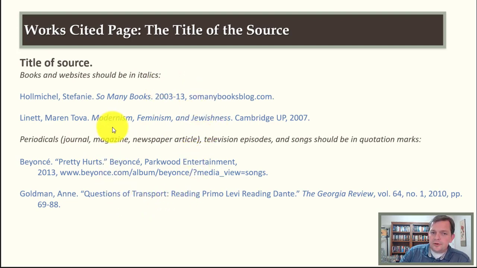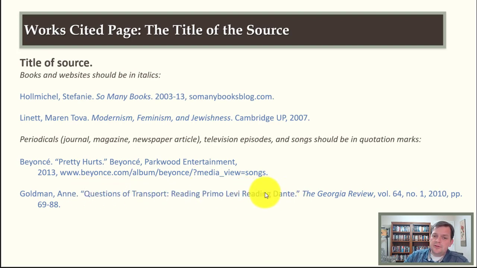And you have journals, magazines, newspapers, television episodes, and songs. These are placed in quotation marks. Well, the title of the smaller work is placed in quotation marks, whereas the title of the container is placed in italics typically. And so here, with this journal article, the question of transport, reading questions of transport, reading Primo Levi, reading Dante, right?